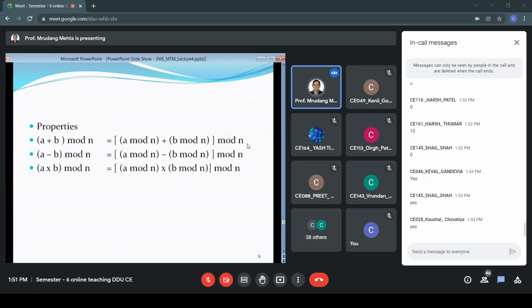Second is A minus B mod n, which is A mod n minus B mod n. And third, A into B mod n is equal to A mod n into B mod n. Is this three property clear to all of you?